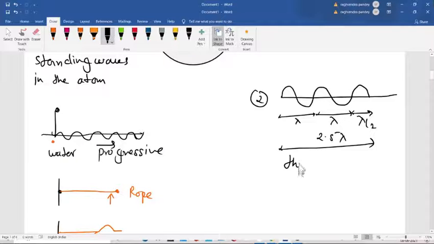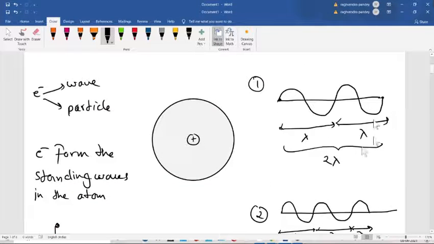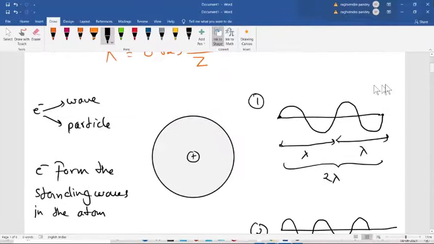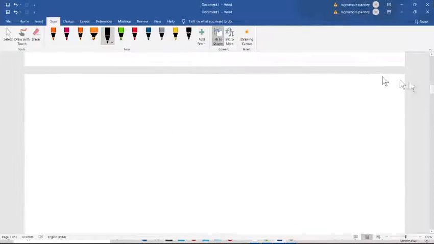The circle is your orbit. The 2 lambda wave will exist, forming a constructive interference, and the other will give a destructive interference, so it will not exist. Now one by one we will see how it happens.